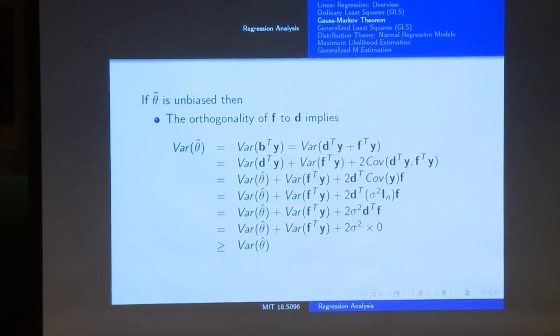In this proof, the mathematical argument here is really something, I should put some asterisks, a few lines here. This expression here is actually very important. We're looking at the decomposition of the variance to be the variance of b transpose y, which is the variance of the sum of these two random variables. So the page before defined d and f such that this is true.